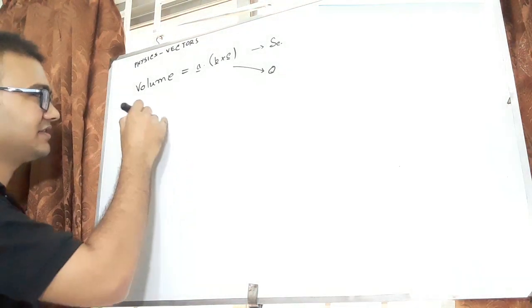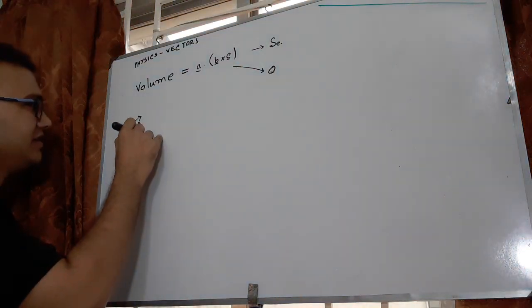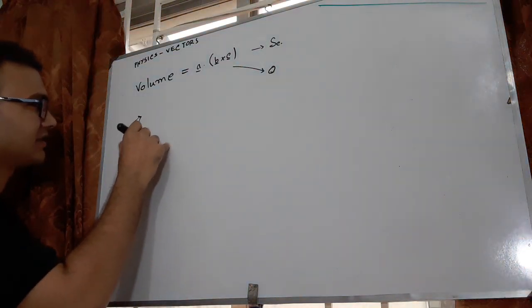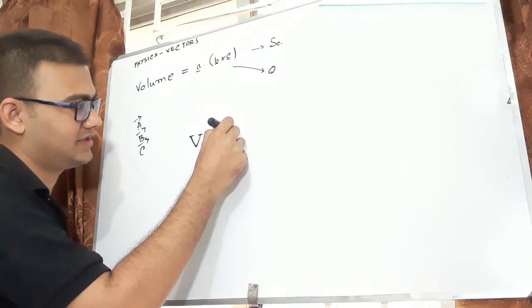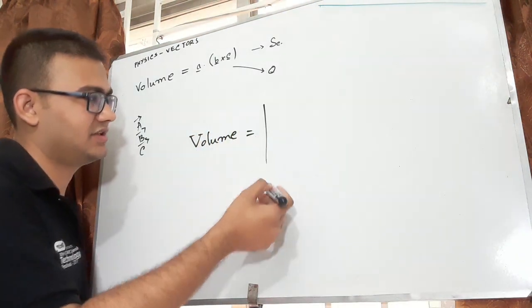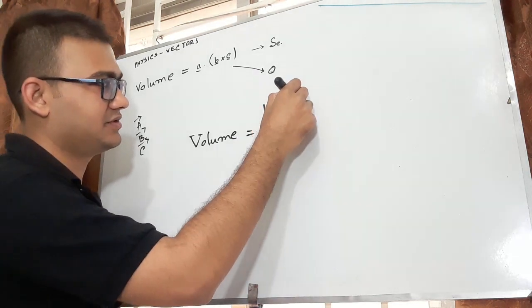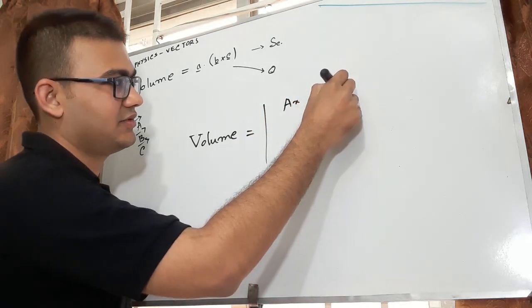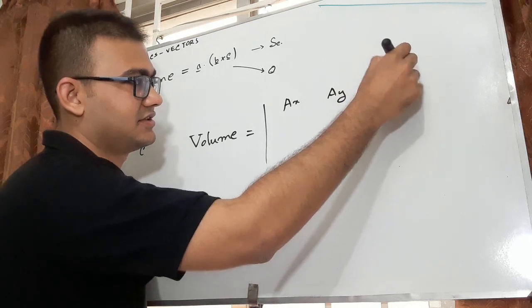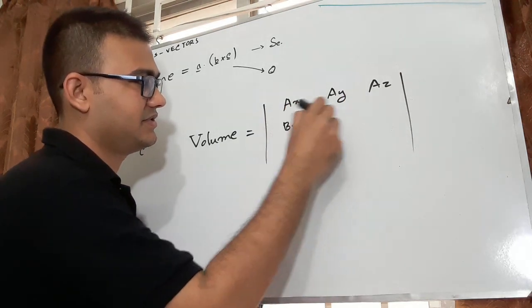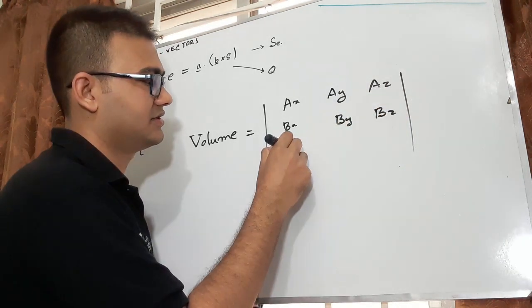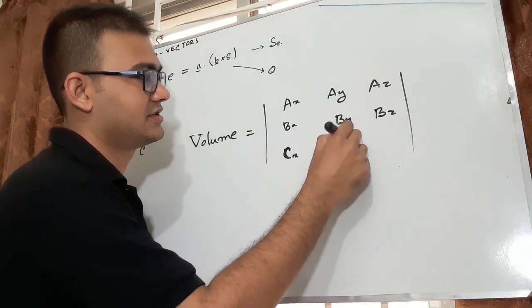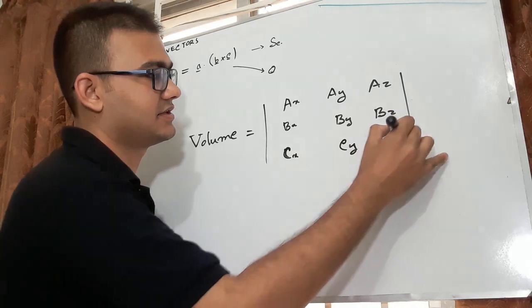When you have the 3 vectors, A, B and C, and you want the volume from these 3 lines, you just put them in a determinant. You put AX, AY, AZ, then BX, BY, BZ, then CX, CY, CZ.